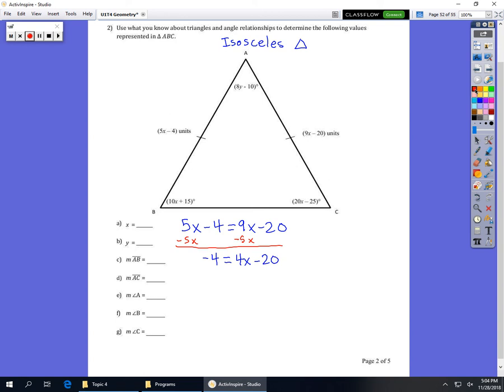Right? And again, I'm solving for x. So great, what do I have to get rid of? I got to get rid of the 4, but I have to get rid of the 20 first. So I got to add 20 to both sides. Boom. Negative 4 plus 20, that is 16. If you're not good with this negative addition and stuff, we can provide you a calculator. And then I divide 4 on both sides.